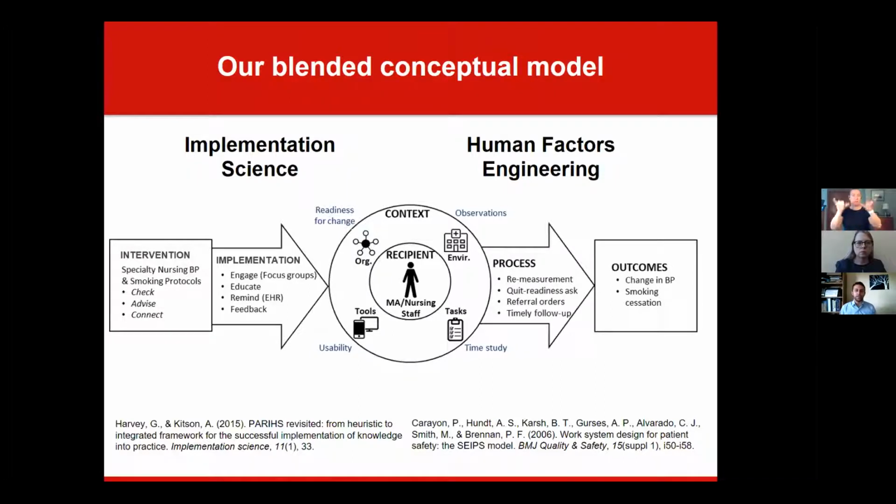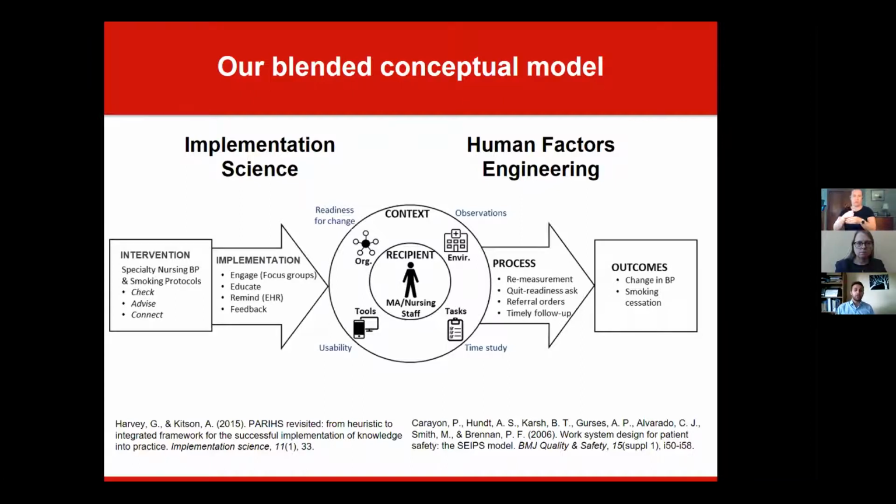So we used a blended conceptual framework, bringing together the PARIHS framework from implementation science, with the different components of intervention, implementation, context, and recipient, with a human factors engineering framework, the SEIPS framework, the Systems Engineering Initiative for Patient Safety, that was developed here at the University of Wisconsin, which emphasizes the interrelations between work system elements of organization, environment, tools and technology, and tasks with the people conducting the work at the center, and how that drives processes, in our case here, remeasurement and timely follow-up, as well as outcomes, like a change in BP.